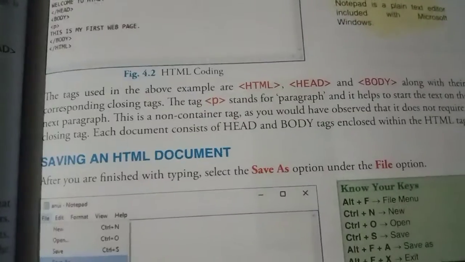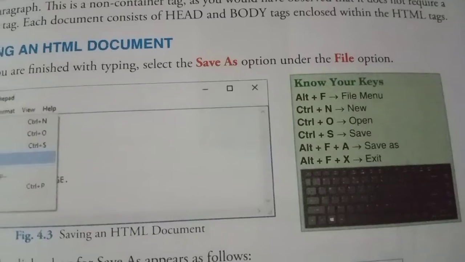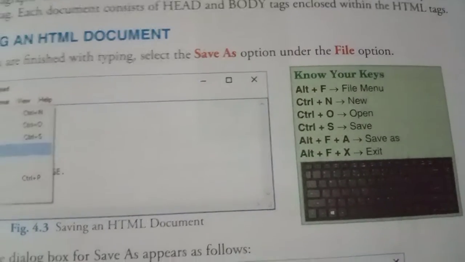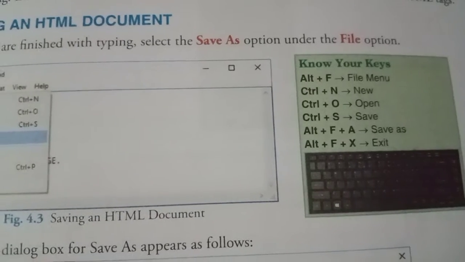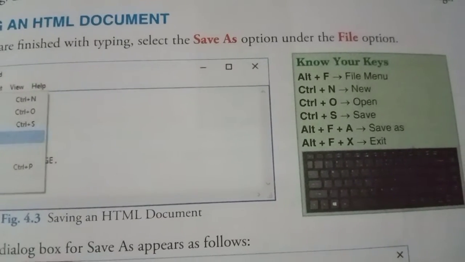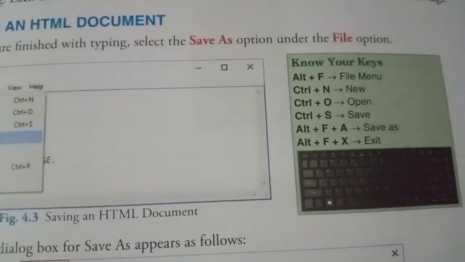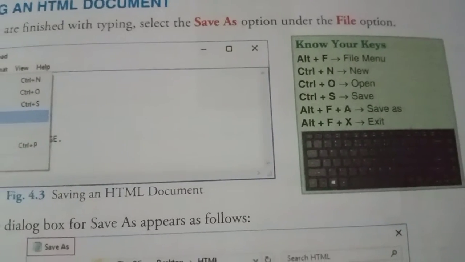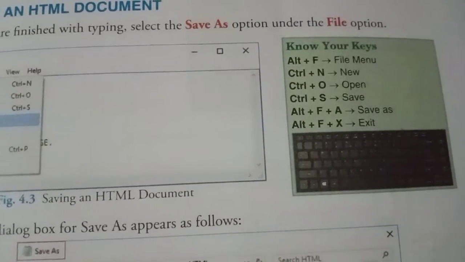So this one is about the HTML, and here are some shortcut keys which you need to note down in your copies. Alt plus F for file menu, Control plus N for new, Control plus O for open, Control plus S for save, Alt plus F plus A is equal to save as.